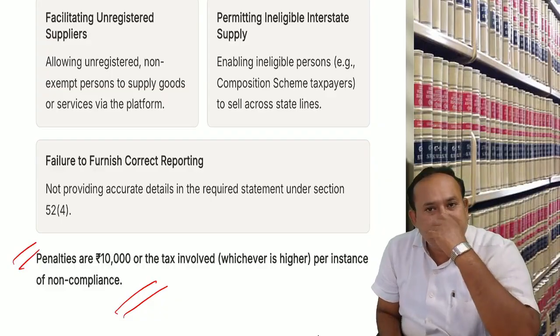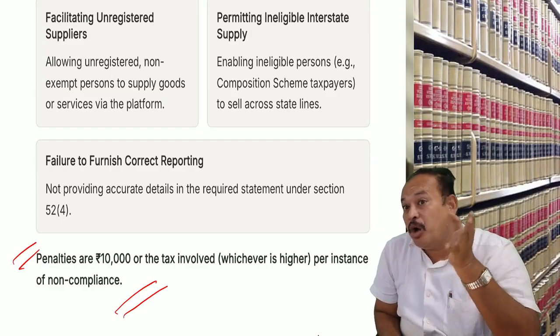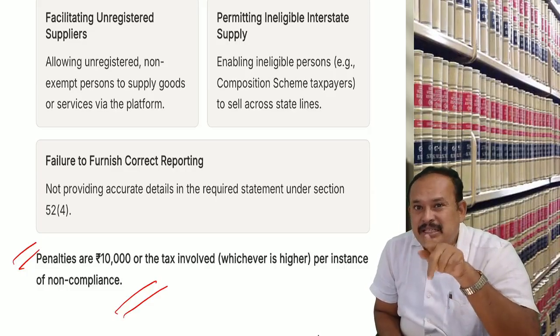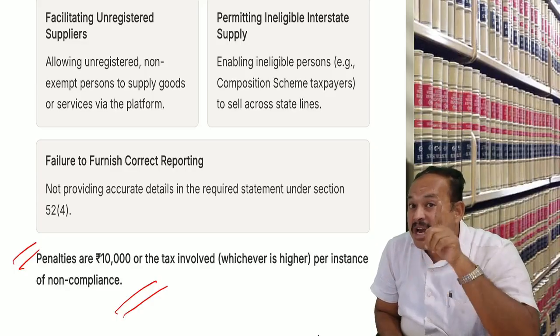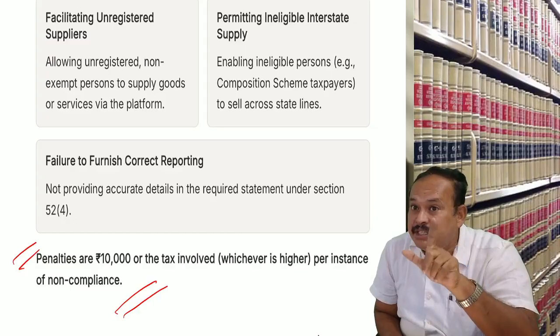One more point, sir, an unregistered person can also supply the goods through e-commerce. Aware of that? For which, an unregistered person is required to obtain a unique identification number.